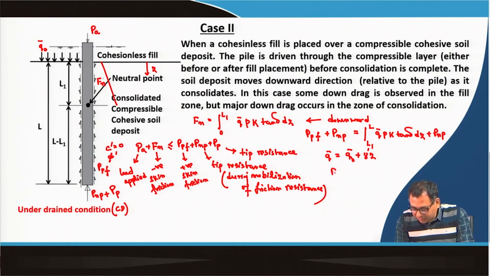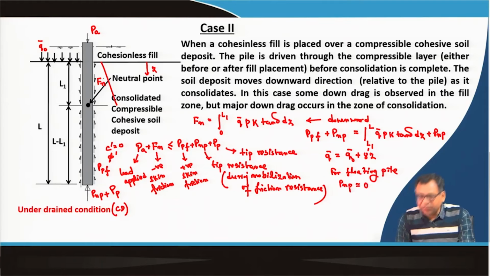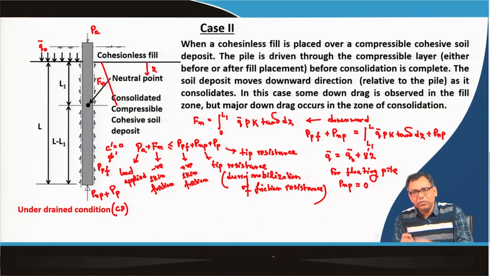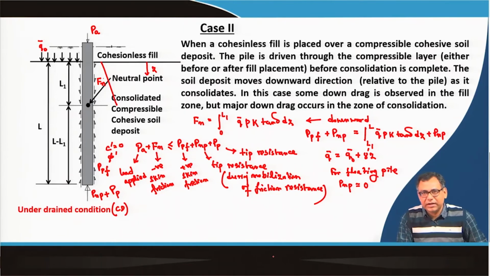Now, for floating pile, we assume that PNP contribution is 0, but for a tip pile there will be some contribution. For floating pile, we assume that PNP is equal to 0, or we are assuming the tip contribution due to the friction resistance mobilization is very small. So, we are neglecting that.